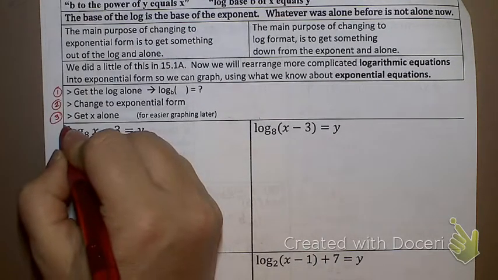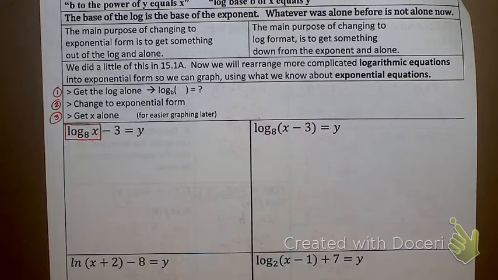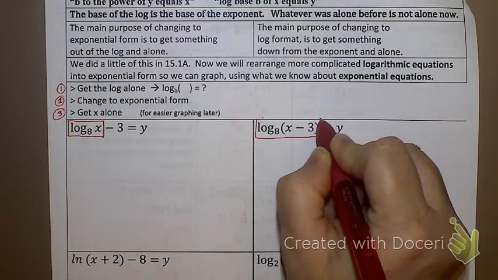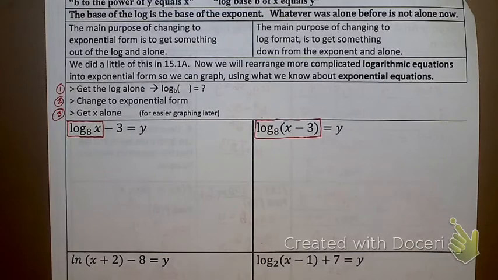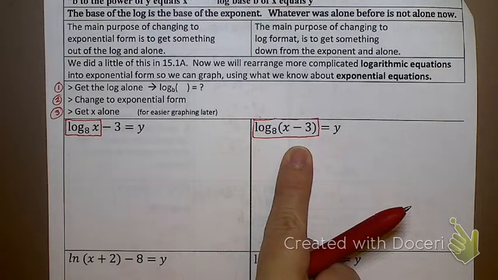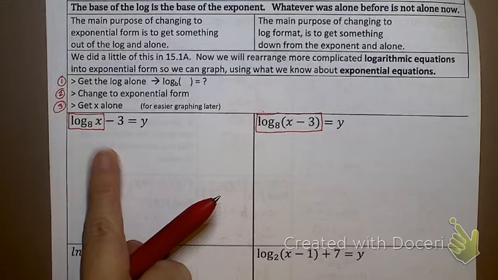In this problem, my log is that right there. In this problem, because of those parentheses, this whole thing is the log. So when it comes to step 1 of getting the log by itself, over here, the log is already by itself. Over here, it's not.